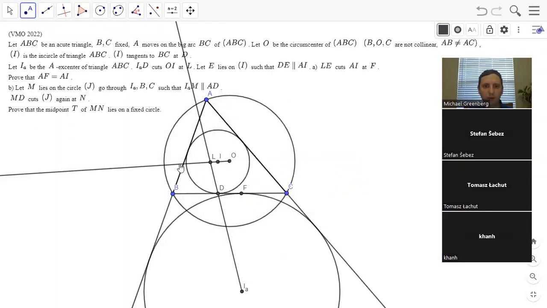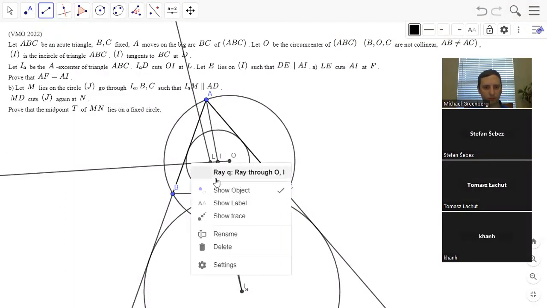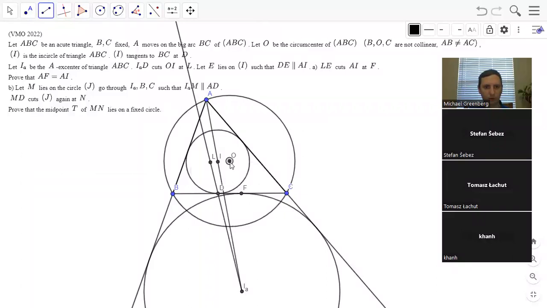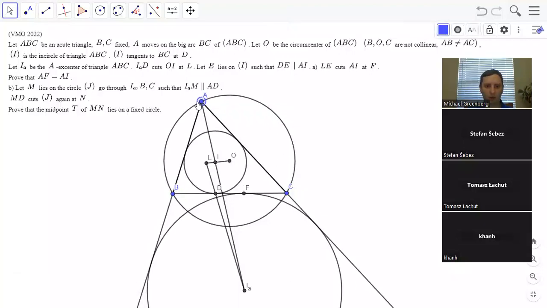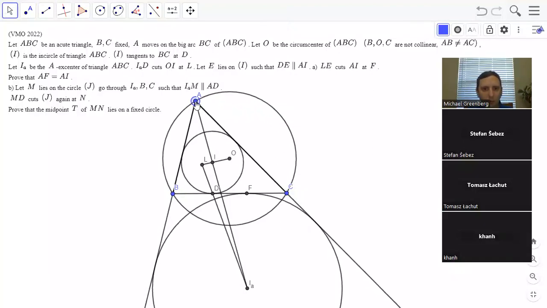E is on the incircle such that DE is parallel to AI. So let's draw this. Okay.